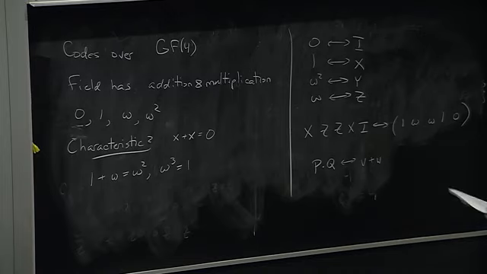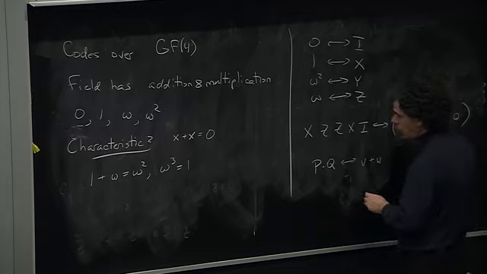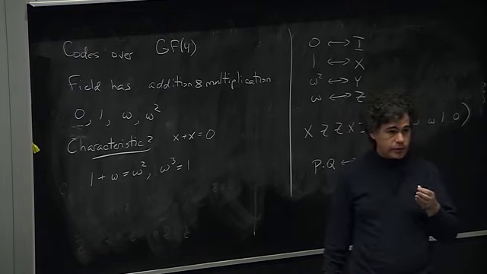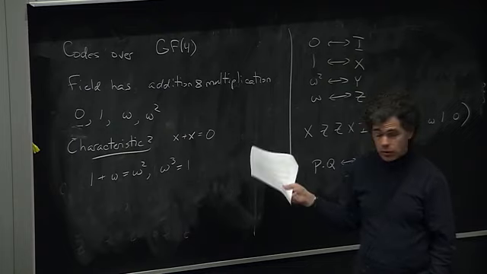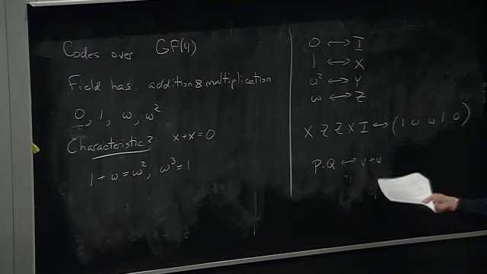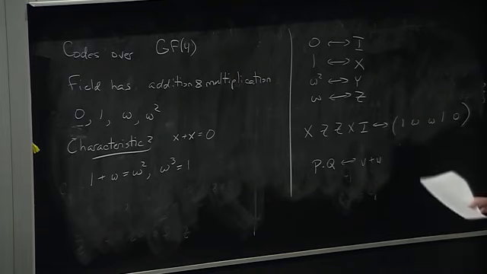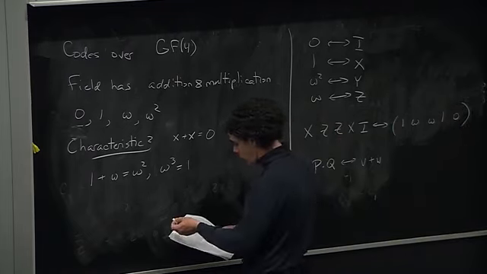Okay. So then in order to make this work, we need to again have something that corresponds to this commutation relation, right? So when the two Paulis commute, when we look at the corresponding GF4 vectors. So to do that, we have to define two more things on the field.